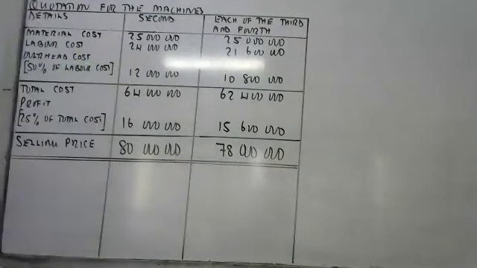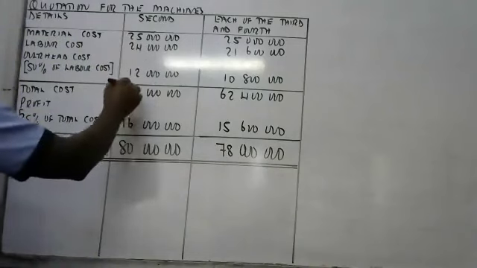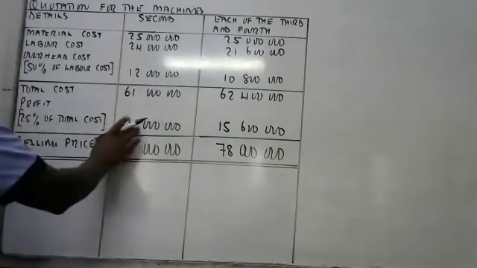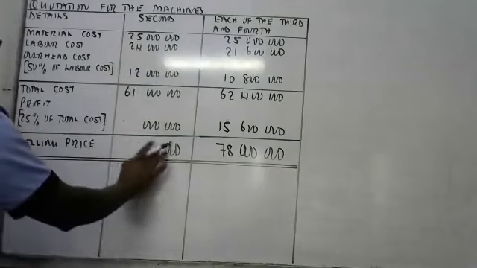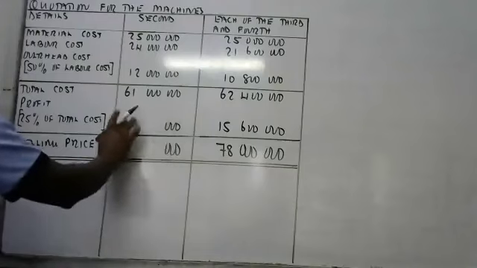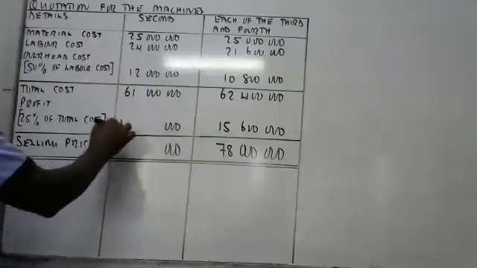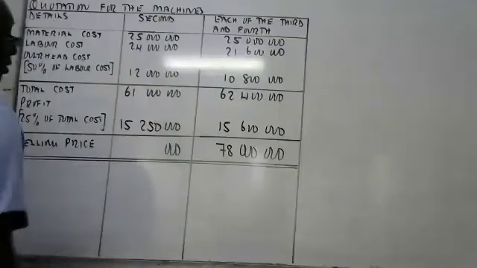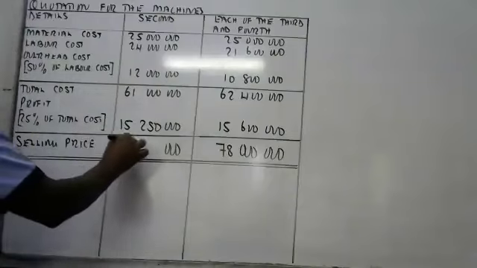Acheng is asking whether it's 64 or 61. Yeah, it should be 61 because this is 9, 1. So even this one now should be revised. Even this one. So when you add, you get 76,50.